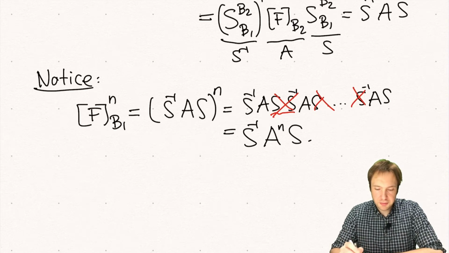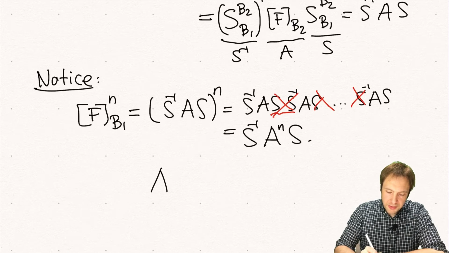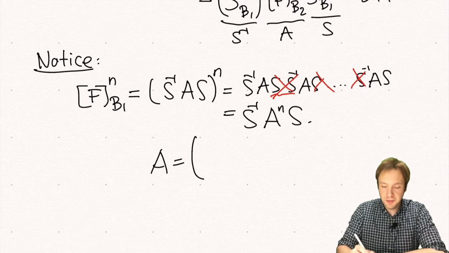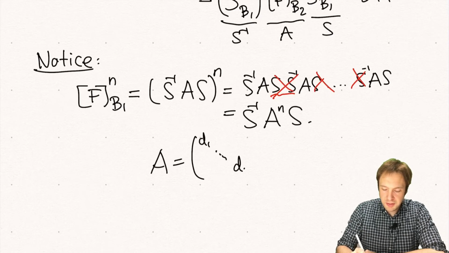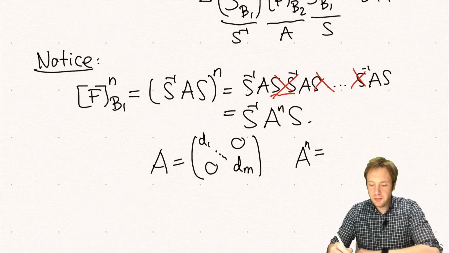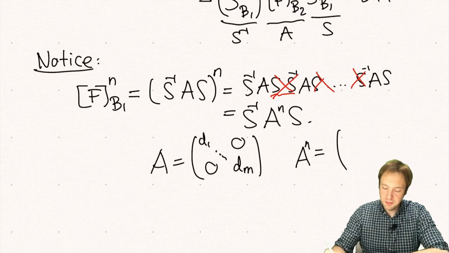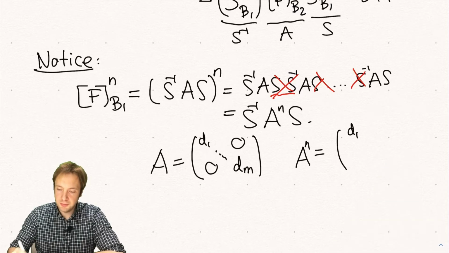So in particular, if this A has a nice form, for example, if A is a diagonal matrix, let's say A is D1 up to Dm, and the rest is just 0, then A to the n is quite easy to calculate, because if I multiply a diagonal matrix with itself, I just need to multiply the elements on the diagonal.